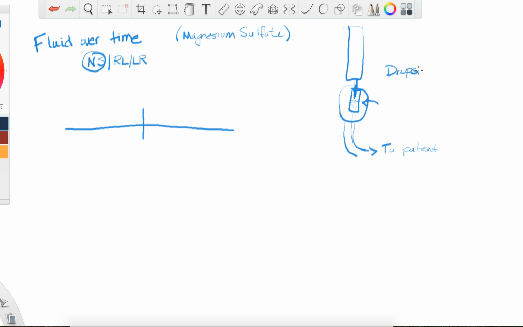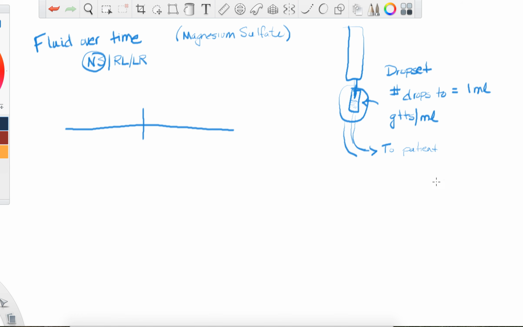as your drop set, and it's going to be measured, and the measure is the number of droplets, the number of drops, to equal 1 milliliter of fluid. And when we refer to drops, we are referring to GTTS to equal 1 milliliter of fluid.